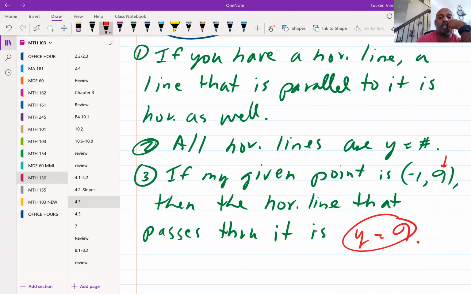So if my given point is -1, 9, then the horizontal line that passes through is just going to be y equal to 9.